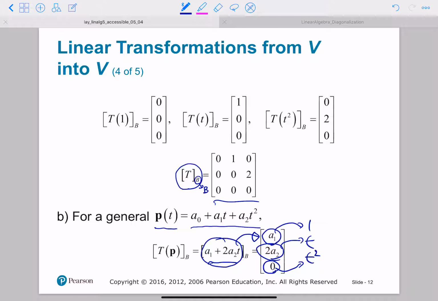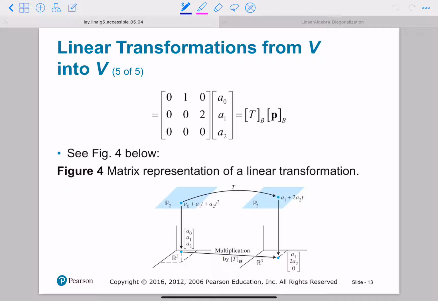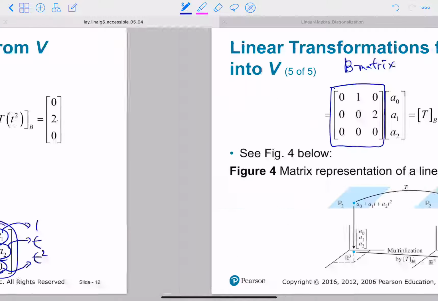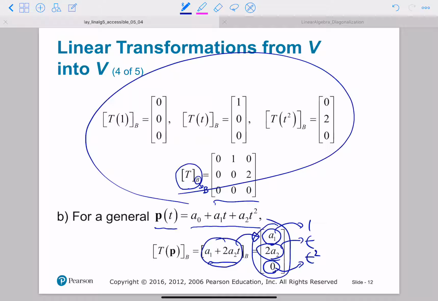So that is represented in this form. This is our B matrix that we already obtained in this example.